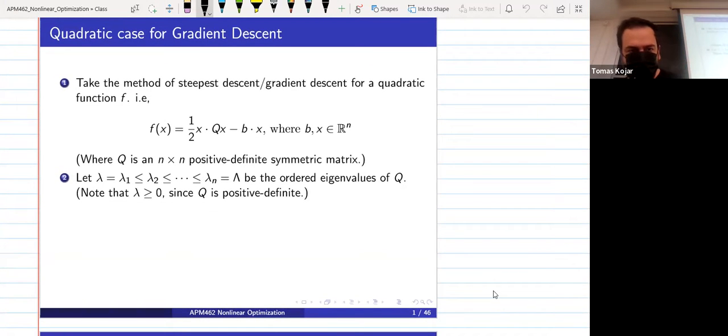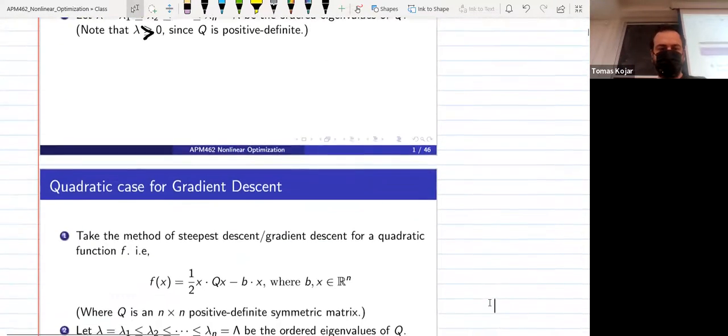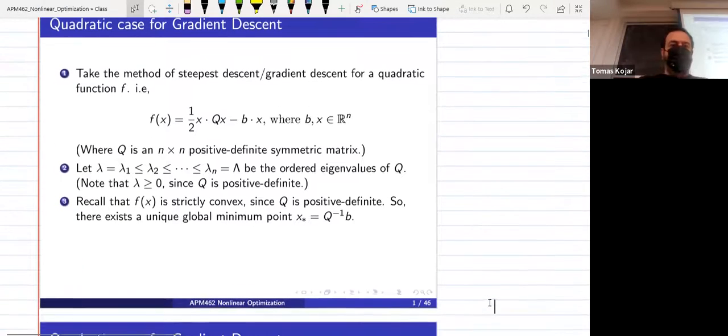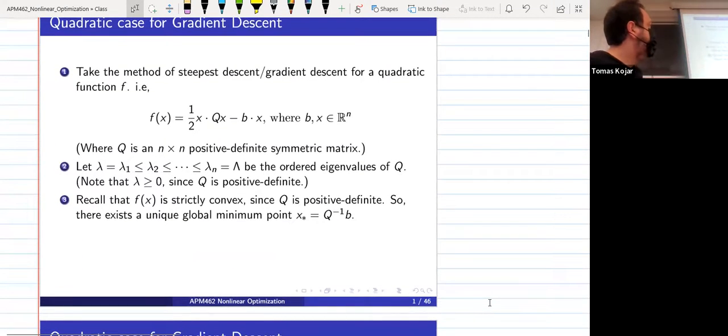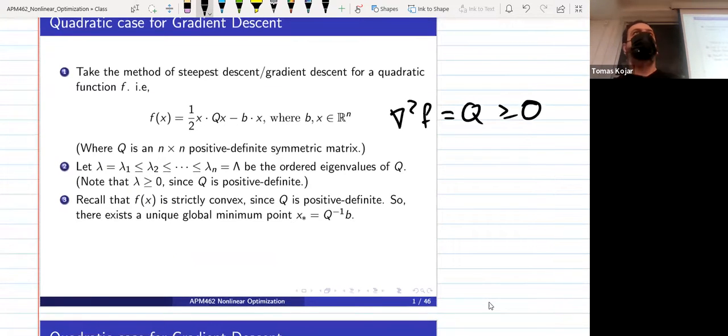It's positive definite, so in fact they are strictly positive. We've talked about that because it's positive definite, the Hessian is equal to a positive definite matrix, so it's convex, and strictly convex because it's positive definite, not semi-definite. And so you have a unique minimizer that you can find.